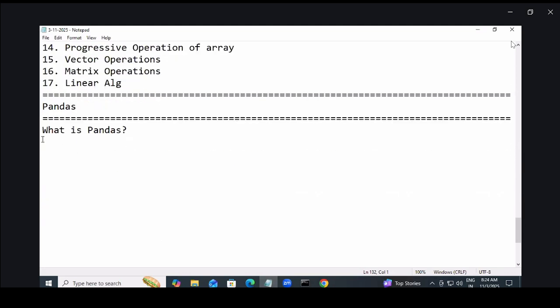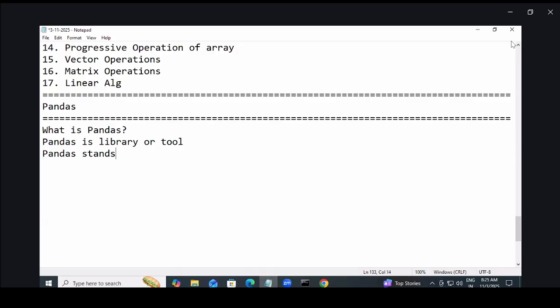What is pandas? Pandas is a library, and people also say it is a tool. So different definitions are there.